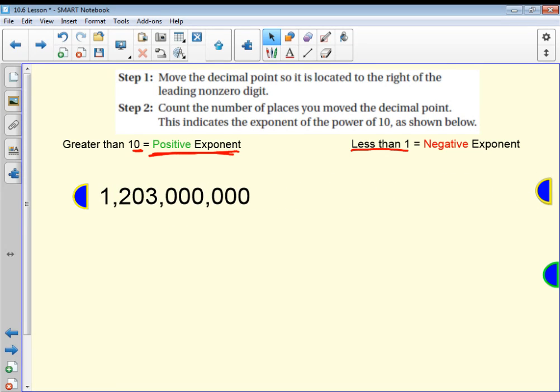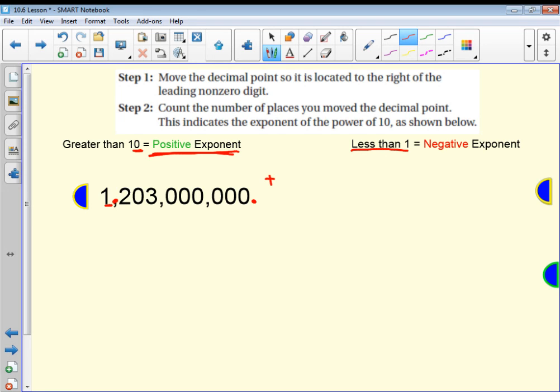Okay, so first question. Is that number greater than 10? Yes, that's a positive thing. So we know we're going to have a positive exponent. I like to identify whether it's positive or negative first. Okay, so right now, no decimal is shown, which means it's sitting at the very back. We're now going to move our decimal place to this position here so that we only have one number in front of it.